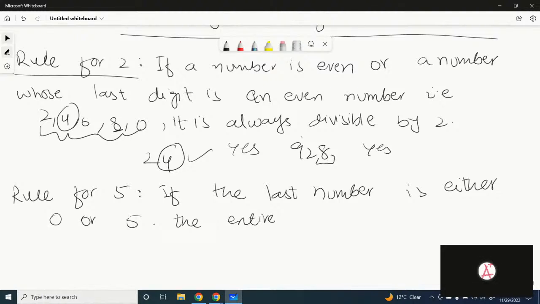Got it? The entire number is divisible by 5.